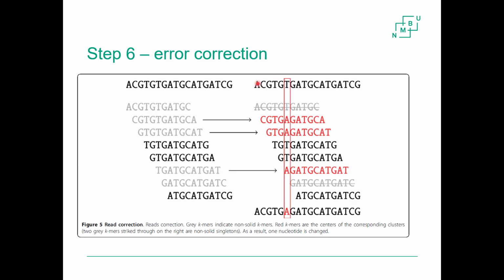Because, I mean, since these solid k-mers appear, there must be a number of other reads covering this region, right? Giving rise to these k-mers here. They must come from some other reads that cover the same area here. So why don't we see the same here?